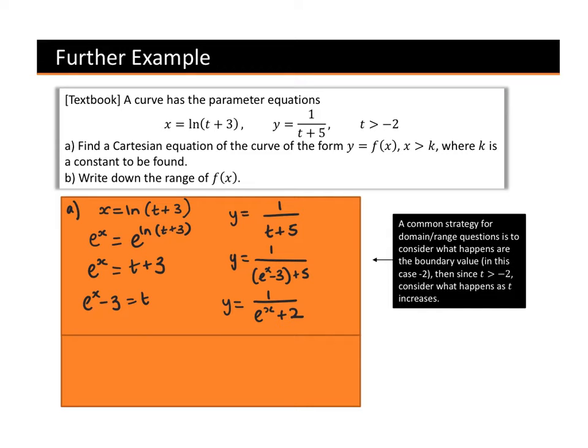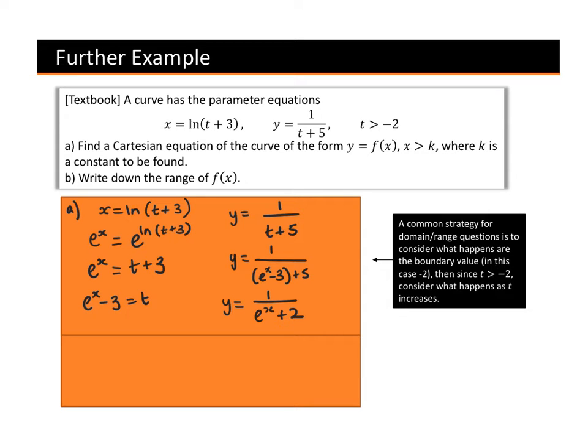Okay, this is amazing. So, now it says write down the range of f of x. Okay? So, what we will start is what we know. Sorry everyone, we still need to find k. Finish the first question.